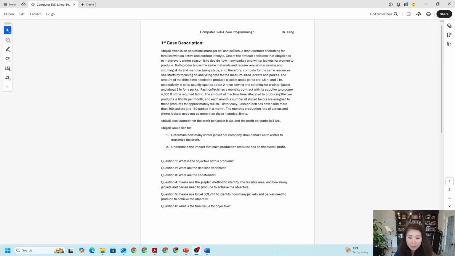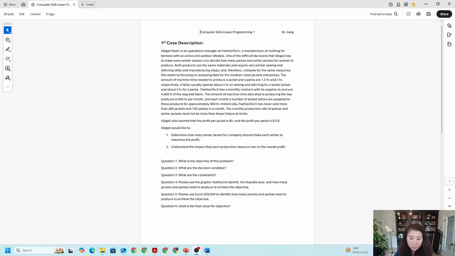Both products use the same material and require very similar sewing and stitching skills and manufacturing steps, and therefore compete for the same resource. She started by focusing on analyzing data for the medium-sized jackets and parkas. The amount of machine time needed to produce a jacket and a parka are 1.5 hours and 2 hours, respectively.